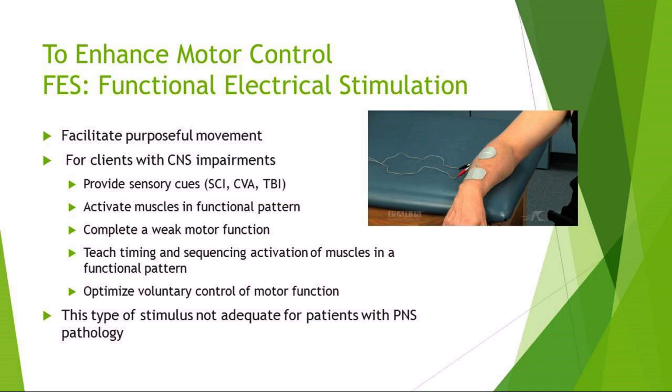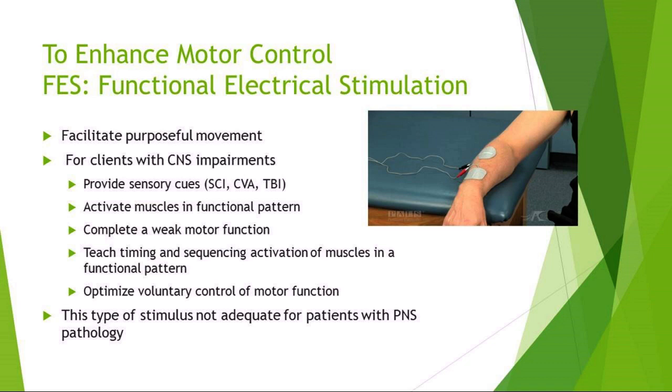So to enhance motor control with functional electrical stimulation, really the difference between this and NMES is that we are trying to facilitate purposeful movement. So in clients with central nervous system impairments, we want to provide sensory cues. So we're stimulating sensory nerves and motor nerves, because there is a sensory motor feedback system that has to do with movement, and we'll talk more about this in neurology, but we want to provide those sensory cues to guide movement.